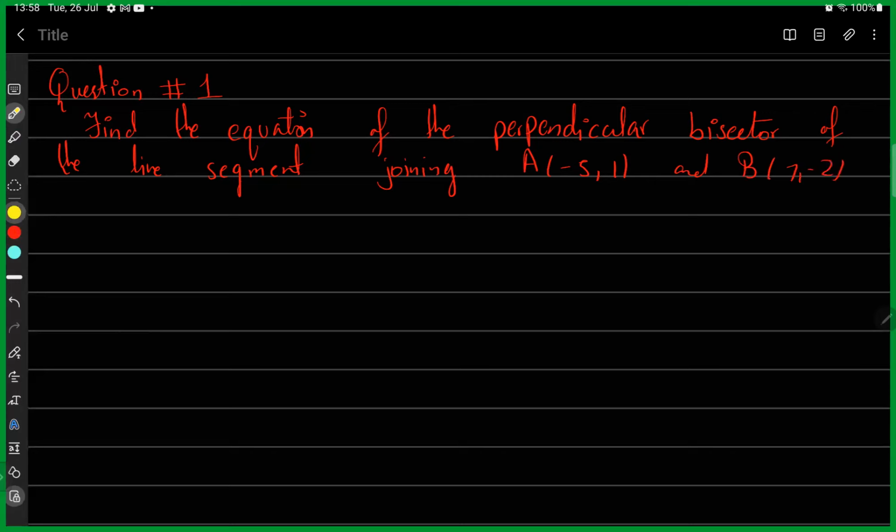Now please pay attention, all of you. The question says find the equation. You need to find the equation of the perpendicular bisector.